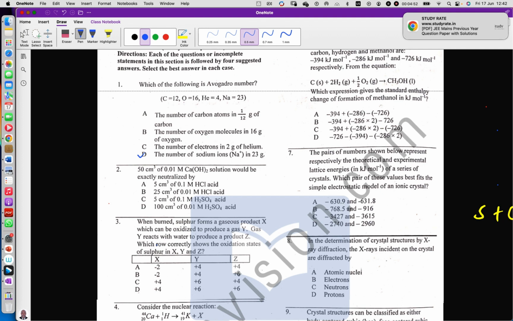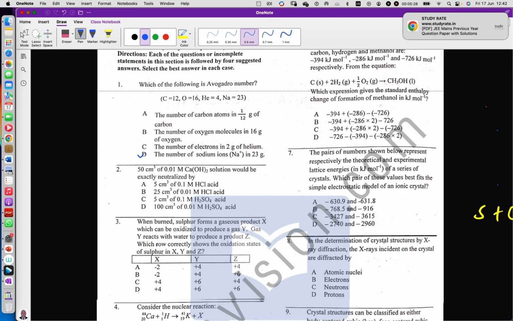What you need to do is calculate the number of moles of the hydroxide ion. After calculating, I got 0.005 moles. Then we need to calculate the hydrogen ions. After calculating the hydrogen ion concentration, I got 0.001 mole of hydrogen ion.